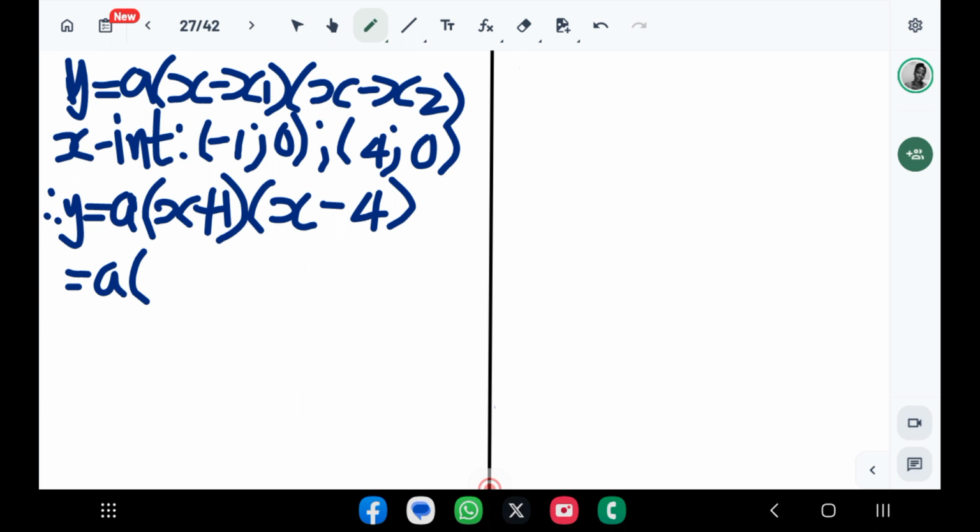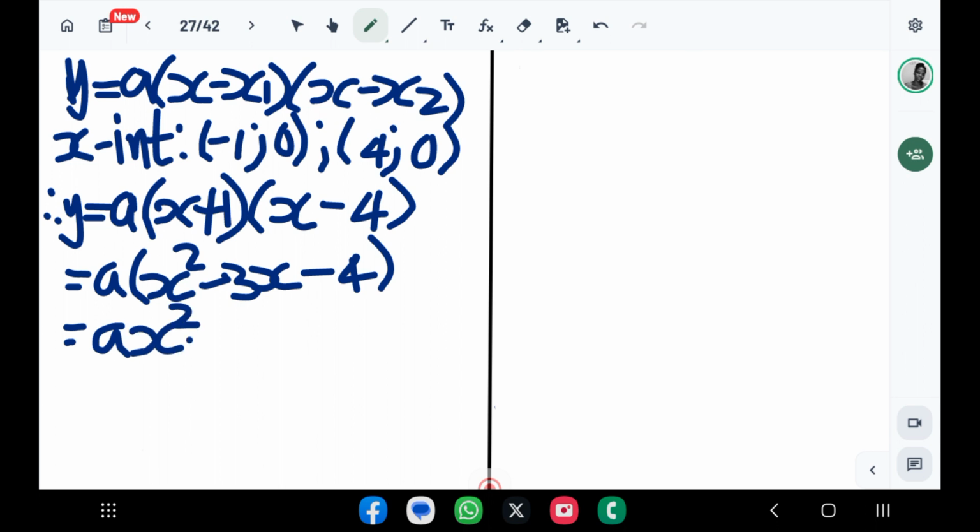Let's multiply the x's. So that's x squared minus 4x plus 1, that's minus 3x minus 4, which makes it a in bracket ax squared minus 3ax minus 4a.